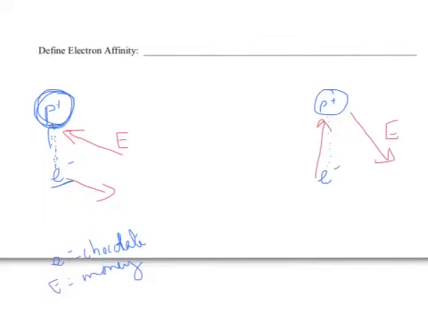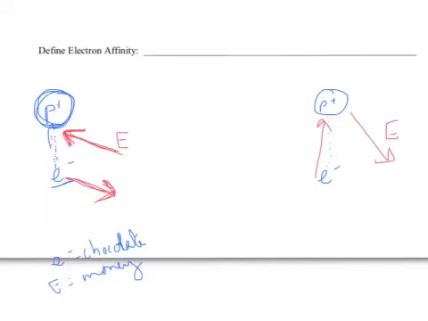Let's repeat that again. If you were the atom and you were losing an electron, we have to give you energy. So the atom absorbs energy, or energy is required to remove that electron.